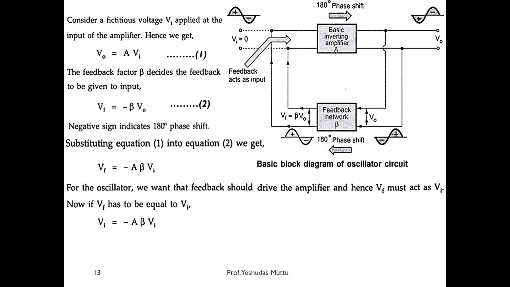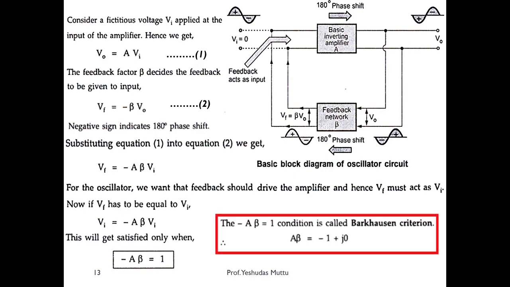Now this will get satisfied only when minus A beta is equal to 1. Vi will get cancelled on both the sides. So you'll get minus A beta is equal to 1, and this condition is known as Barkhausen's criteria. I can write this as A beta is equal to minus 1 plus j0.